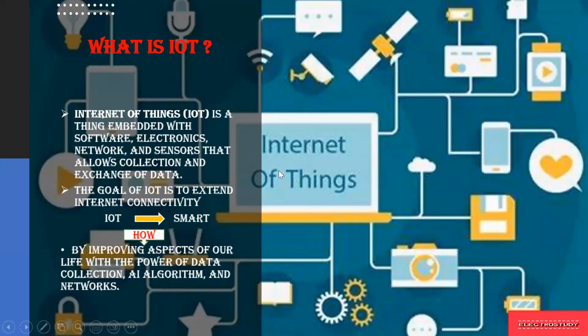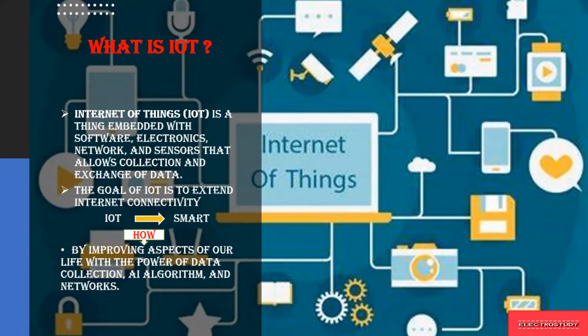Now, we need to understand what is IoT. The complete world is now into IoT. So what is IoT? IoT is nothing but the Internet of Things. It is a thing embedded with a huge number of components, that is software and hardware.